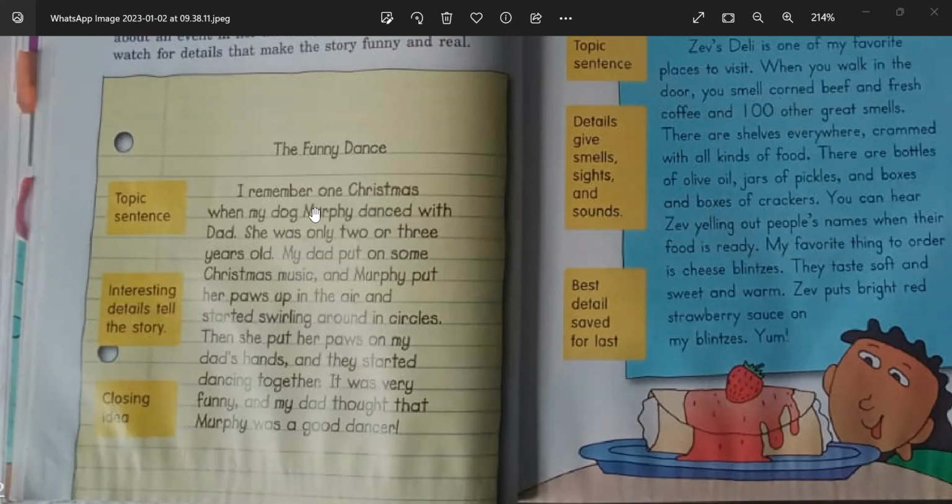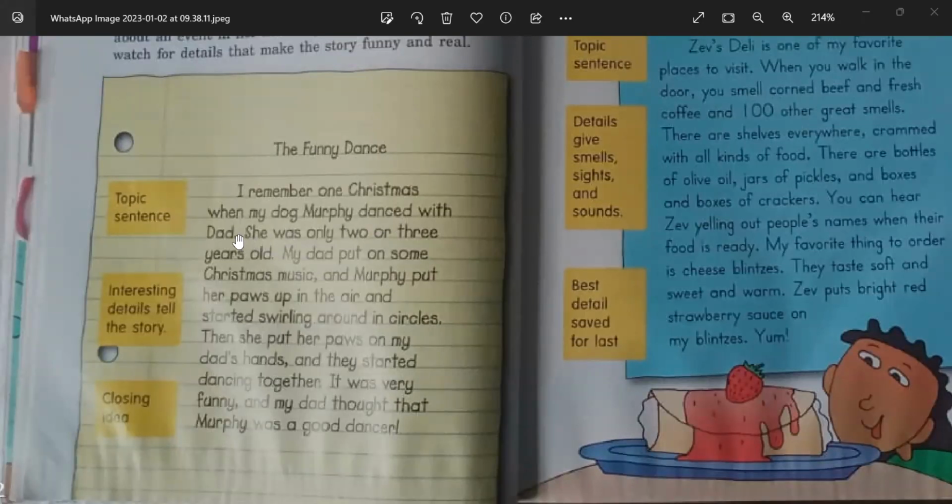My dog Murphy danced with Dad. Okay. All right. So this is the topic sentence. It is actually about my dog Murphy dancing with Dad.